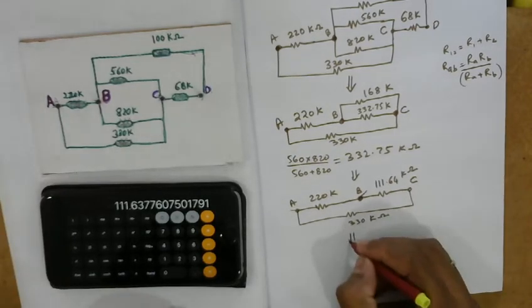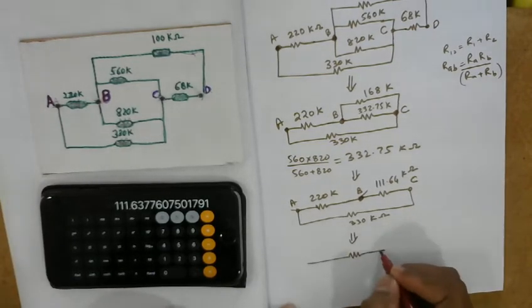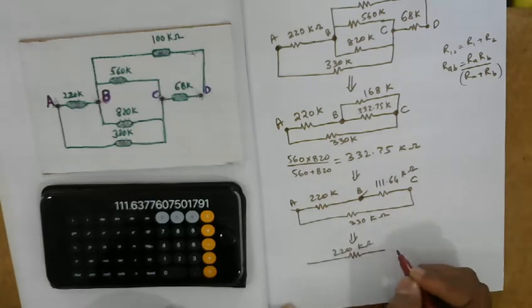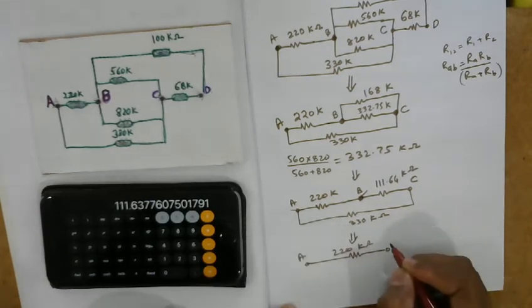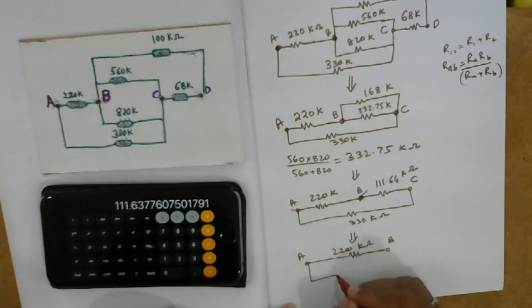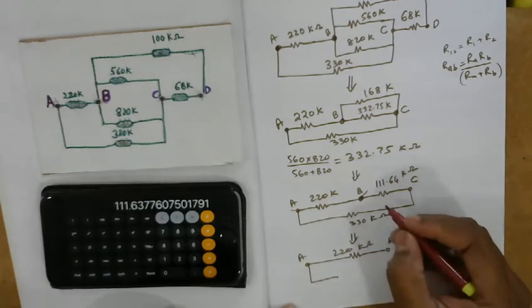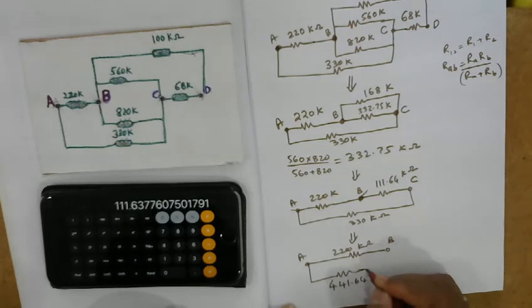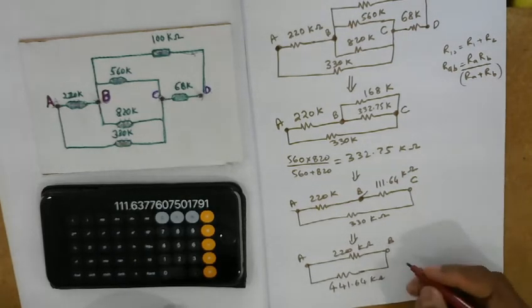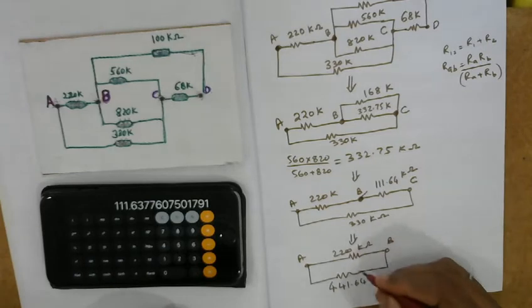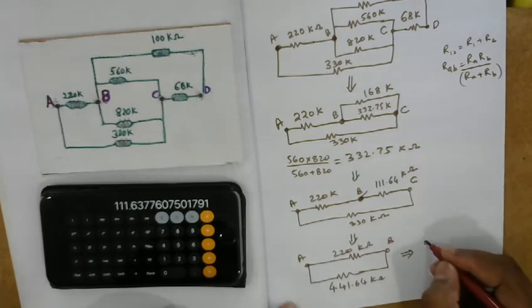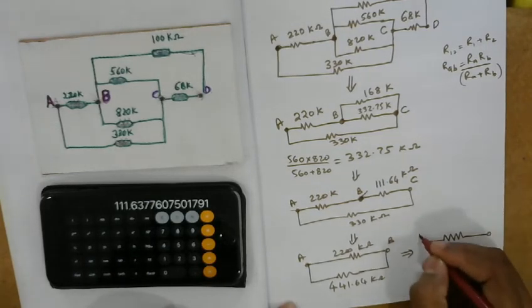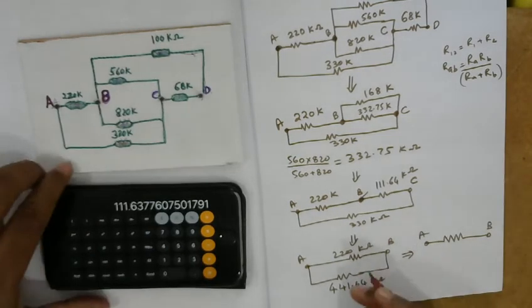So ultimately, in the next step, I get 220 kilo ohms between A and B, and parallelly I'll get 330 plus 111.64, so 441.64 kilo ohms as the resistance. Okay. So again, now these two are in parallel. Therefore, I can now finally get the equivalent resistance between AB by calculating these two.